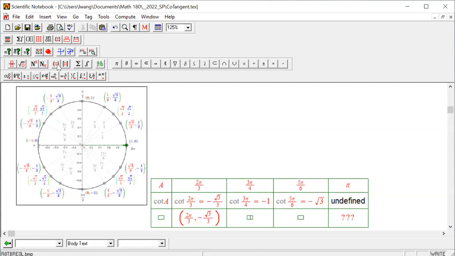The second point is going to be 3 pi over 4. Input is the arc length, and the output is the cotangent ratio. And the next one, input is 5 pi over 6, and the output is negative √3.